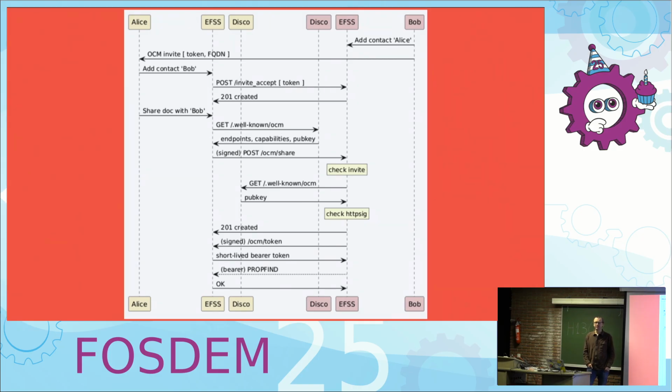The default one is just a file or a folder accessed via WebDAV. But you can also use it, and I think Nextcloud Talk does this, to establish a video call, for instance. And you could have any type of resource. You could say, I invite you to my Jupyter notebook or something very application specific. Those are the resource types and the protocols.